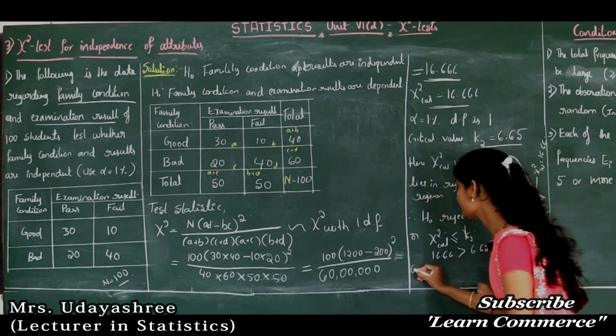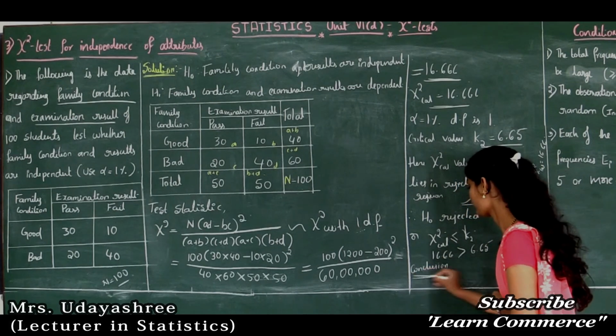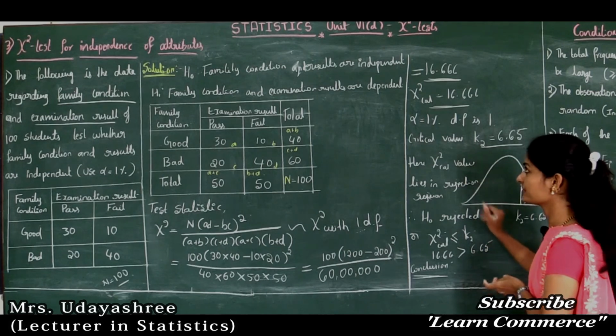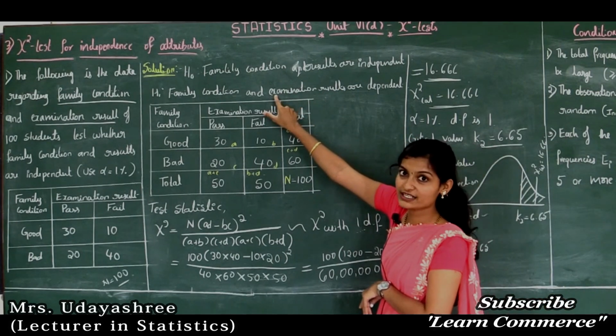If H0 is rejected, we can say H1 is accepted. If H1 is accepted, what is the conclusion?